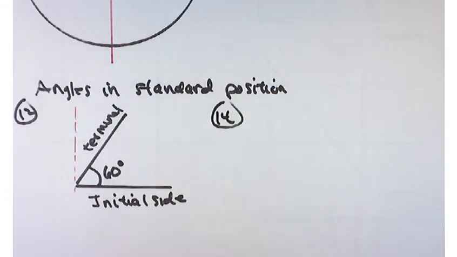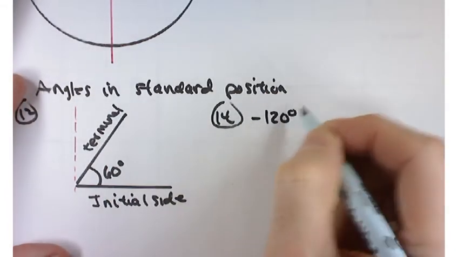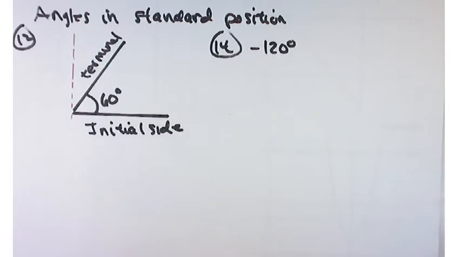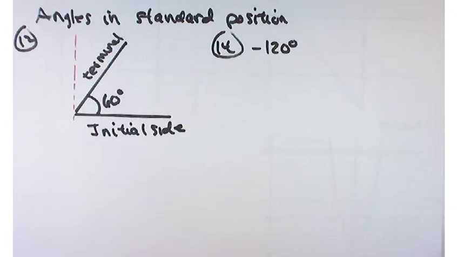Problem number 14 asks you to draw a negative 120 degree angle. How do you suppose I'm going to draw that? What's going to happen when we go negative 120 degrees as opposed to, say, positive 120 degrees? Yeah, you're just going to go the other way. Instead of going counterclockwise, which you do for your positive angles, you're going to go clockwise.